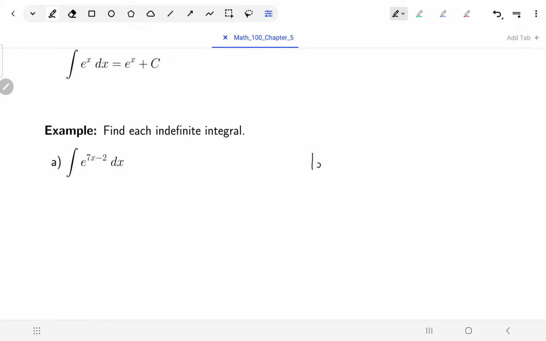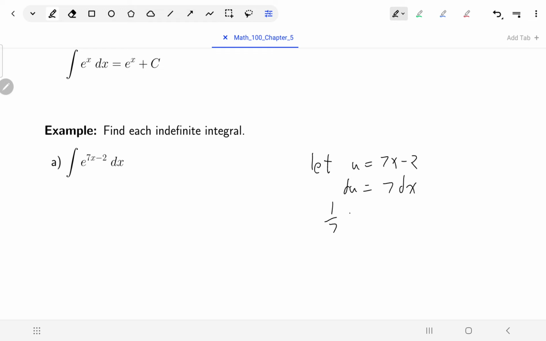If I were to just let u be that exponent, 7x minus 2, then I know that du, the differential, would be the derivative of that times the differential for x. So du is 7 dx.